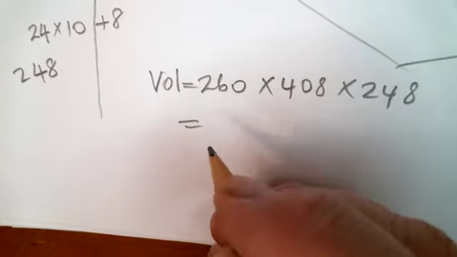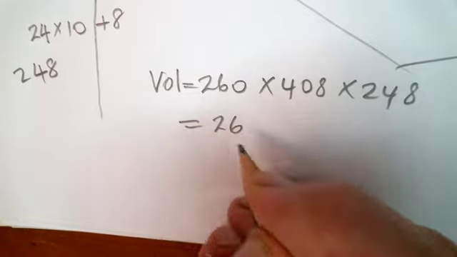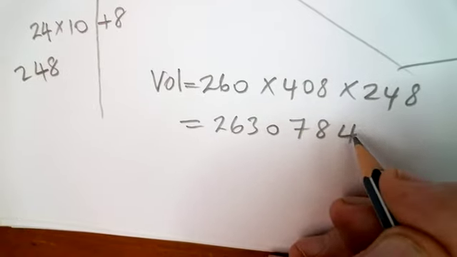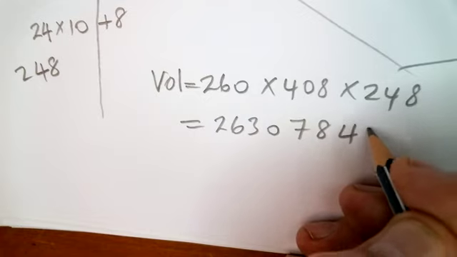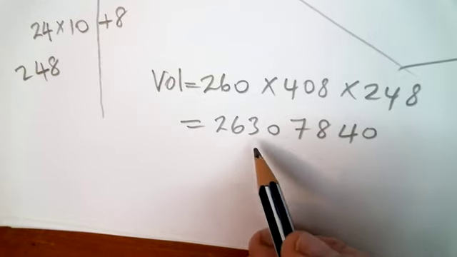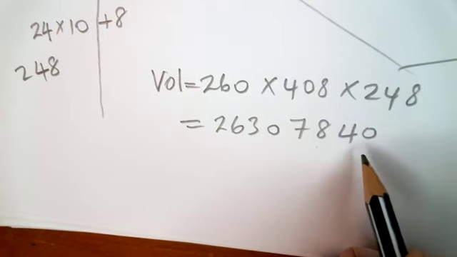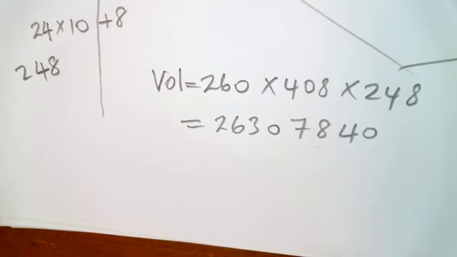And here is our answer: 2,630,784. Let me make sure I'm copying this correctly. 2,630,784. Now, do we have to give our answer in cubic meters? I don't think so.